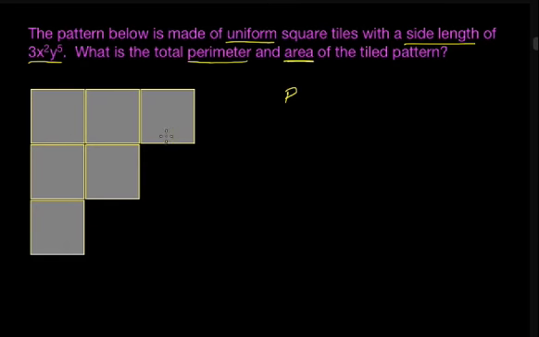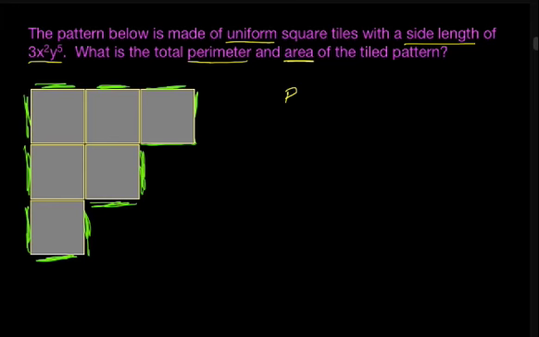So since all of the sides are uniform, they're all 3x squared y to the 5th, we just have to count up how many sides are on the outside of the perimeter. So we've got 1, 2, 3, 4, 5, 6, 7, 8, 9, 10, 11, and 12.